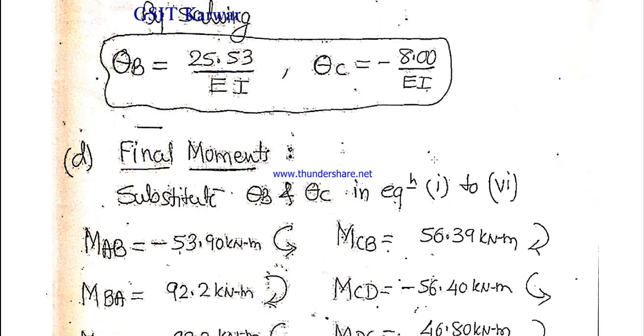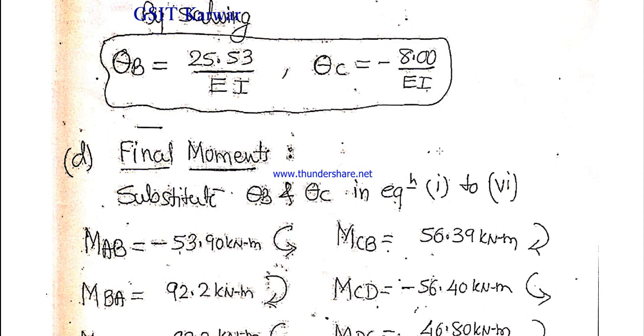After getting these theta B and theta C values, you can substitute them in equations 1 to 6, the moment equations we calculated. What about theta A and theta D? We know A and D are fixed supports, so there is no slope, so theta A and theta D are equal to 0.